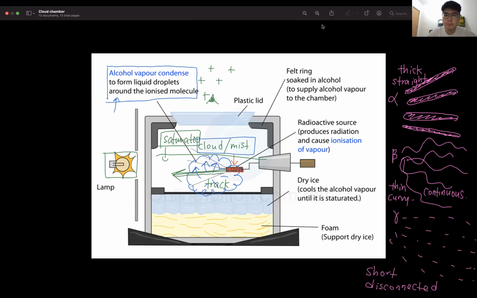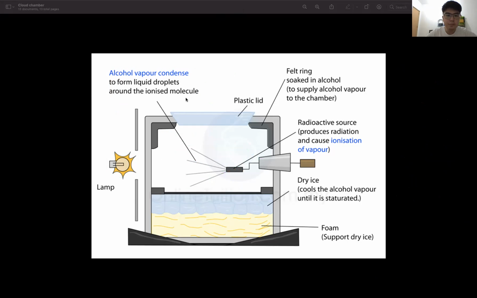Just a second. Wait, I'm finding the video. Okay, I'm going to show you the first video first. The first video shows the traces formed in the cloud chamber.